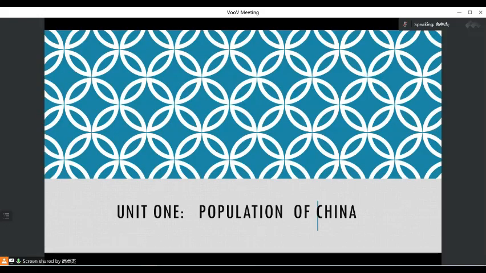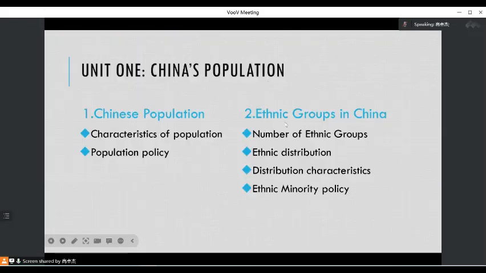Unit 1. Population of China. I divided Unit 1 into two parts. The first part is about China's population, and the other part is about China's ethnic minorities, ethnic groups.